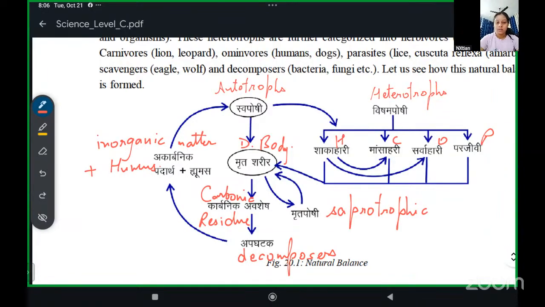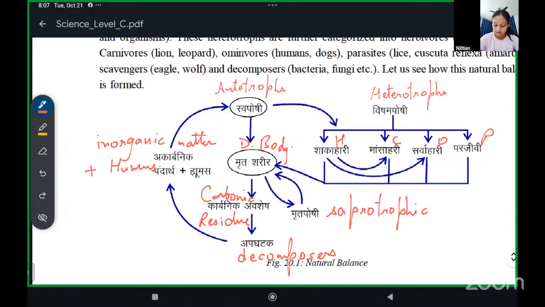Okay. Now what happens is that heterotrophs, we know, are divided into four categories: herbivores, carnivores, omnivores, parasites.